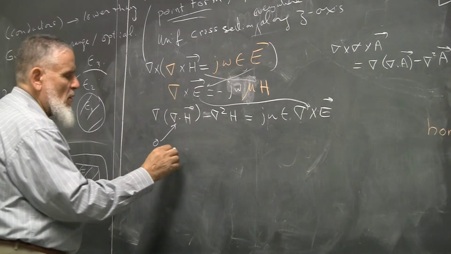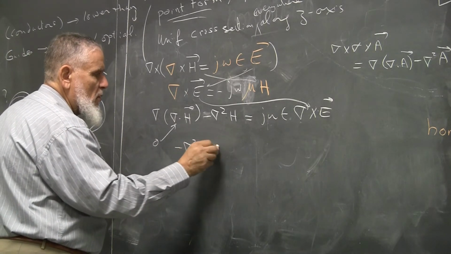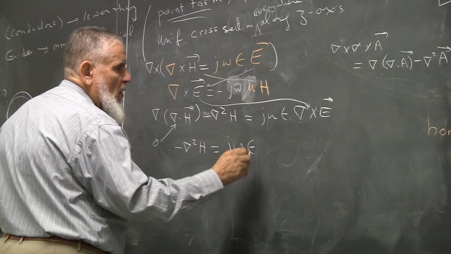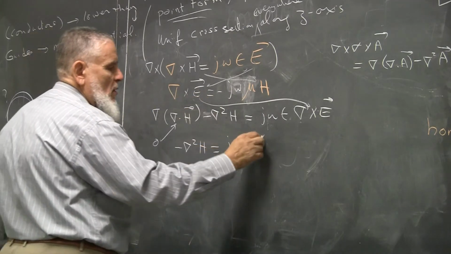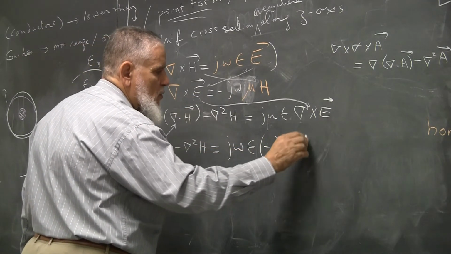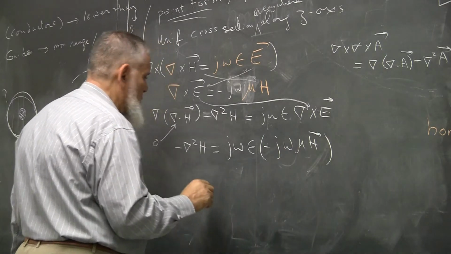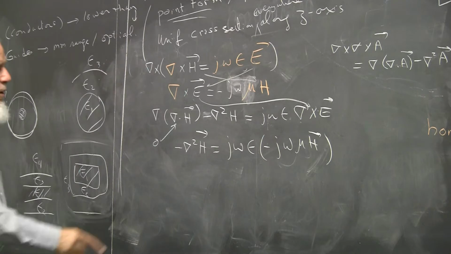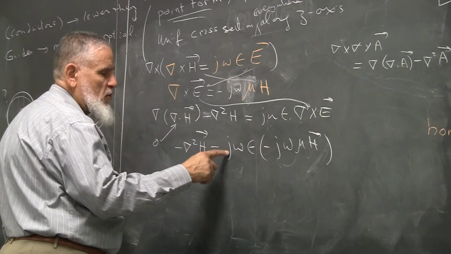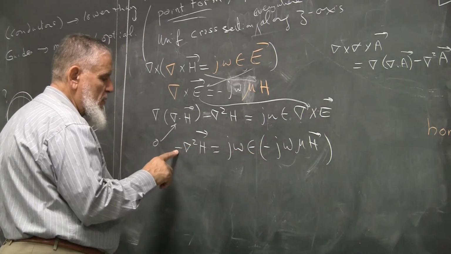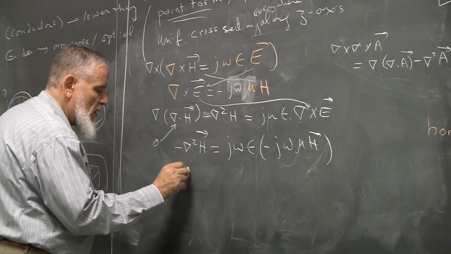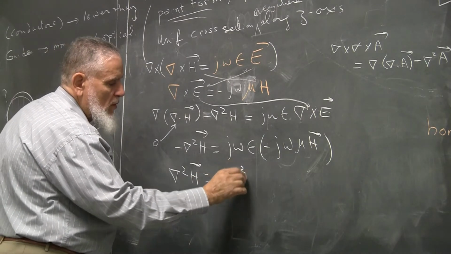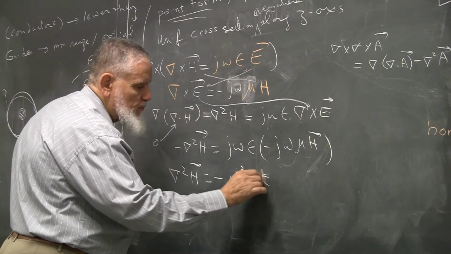I end up with minus del squared H is equal to J omega epsilon curl of E, we get this, minus J omega mu H. Minus j squared is plus, have another minus here, end up with del squared H is equal to minus omega squared mu epsilon H.